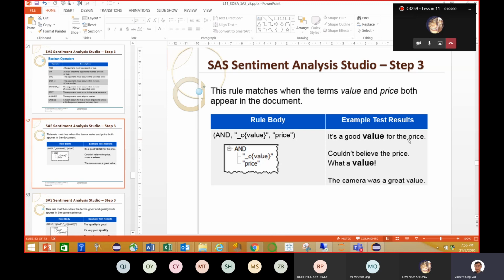Remember, if there's a not, say for example, "it is not a good value for the price," this not will be defined already in the tonal keywords. When we evaluate the sentiments of a sentence or a document, it's not just the rule, we also need to apply the tonal keywords, because the tonal keywords are a global definition.